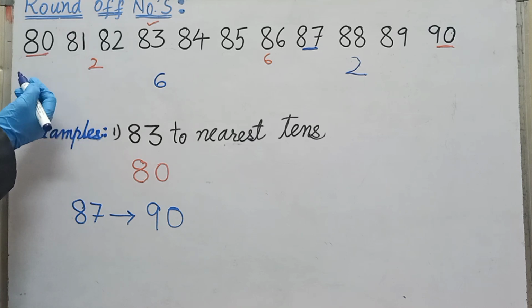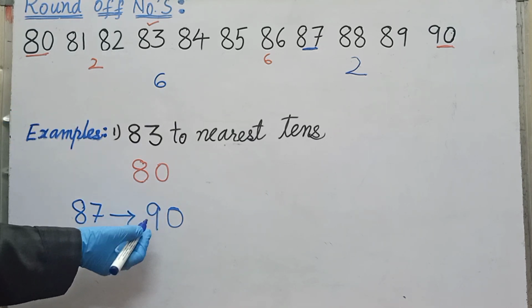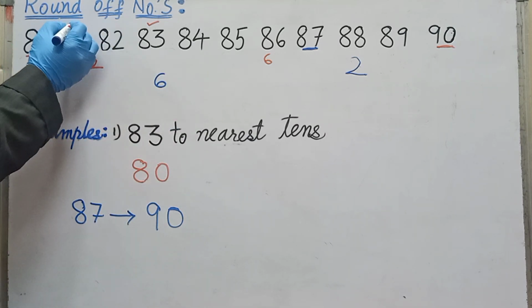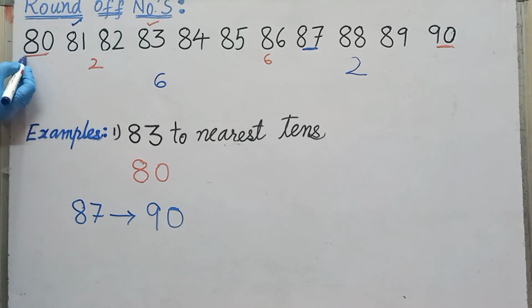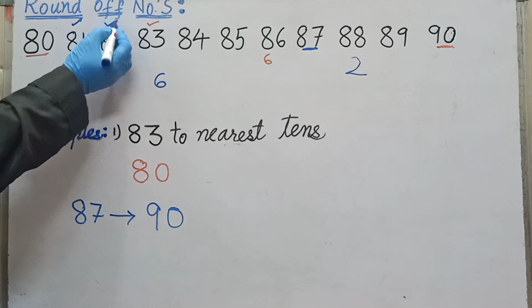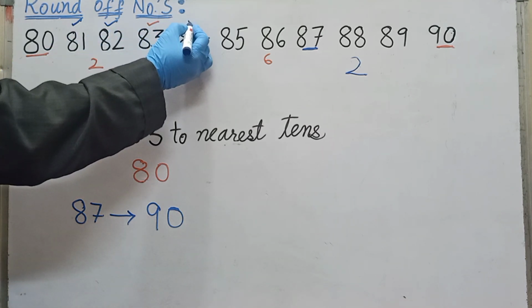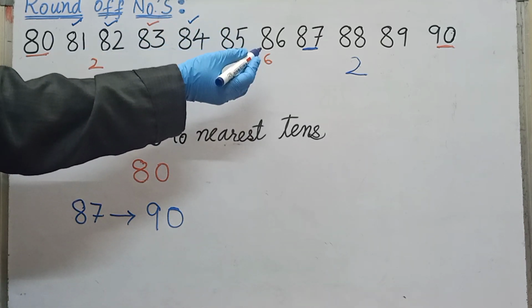Now I'll show you a few tricks on how we can round off easily. Before that, first have a look here, students. We will see 81. 81 is close to 80. Then 82 is also nearer to 80. So 82 will also be rounded off to 80. 84, how many numbers are there here? 3. There how many are there? 5.